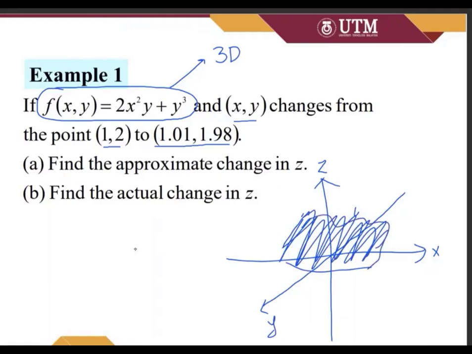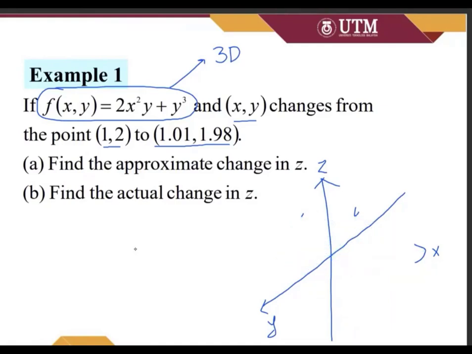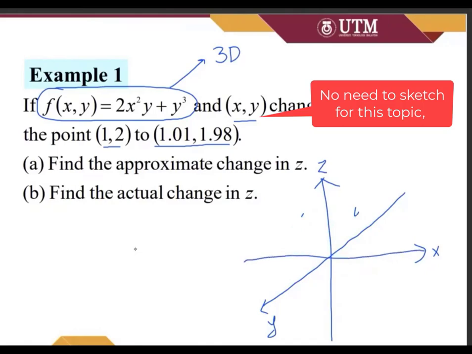The question says x goes from 1, and y is 2. Let's say this point is (1, 2), and then 1.01 is here for x, and 1.98 here for y.